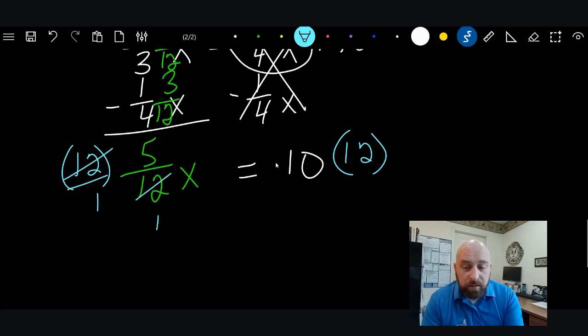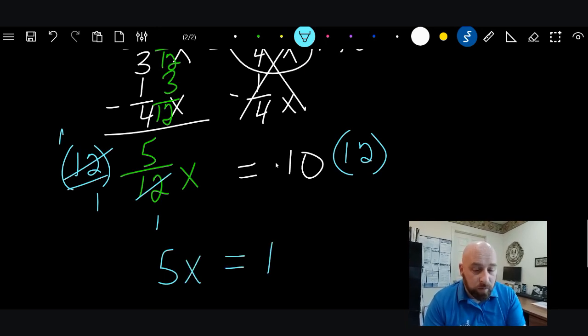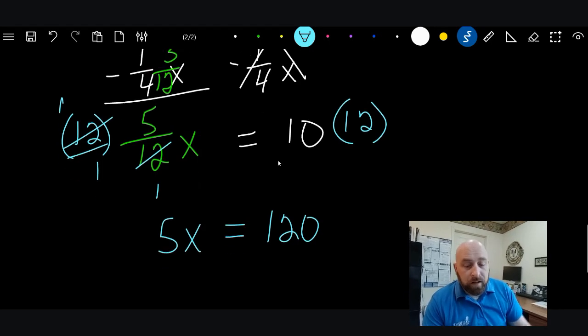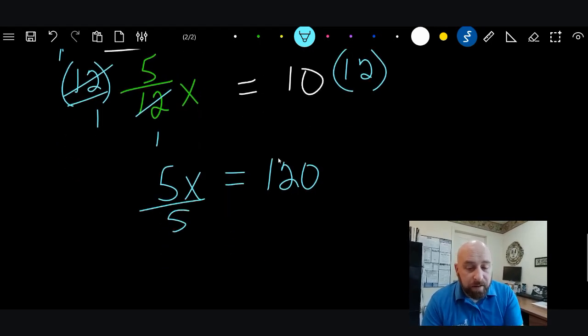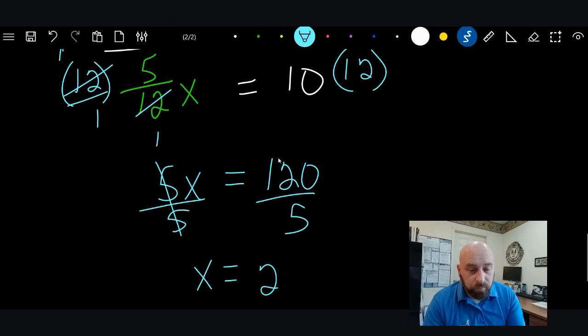So that gets 1, and so everything cancels, and I have 5x equals, and we'd multiply there, and we'd get 120. And then I can just divide by 5, and I get x equals, what is that, 24. There we go, x equals 24.